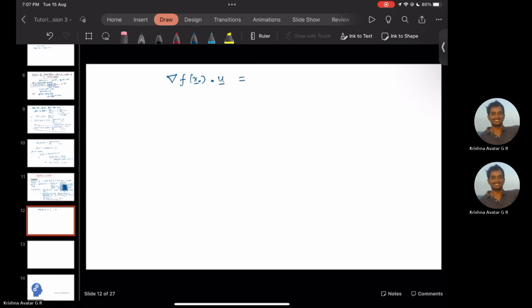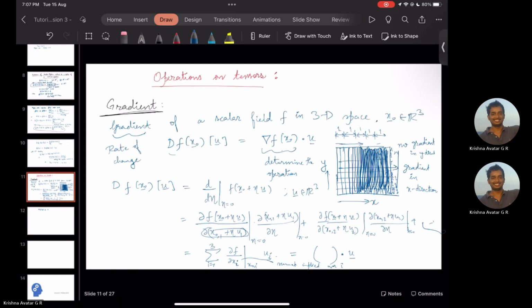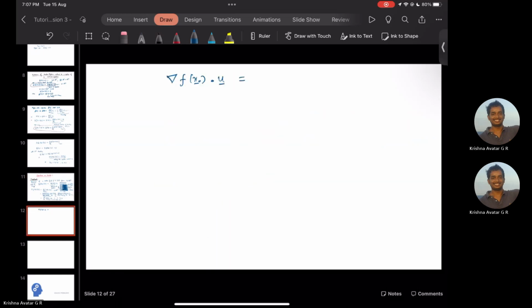In this case, we'll just copy that, right? So it is just summation of i equal to 1, 2, 3 of partial f by partial x i at x equal to x naught comma i, times u i.